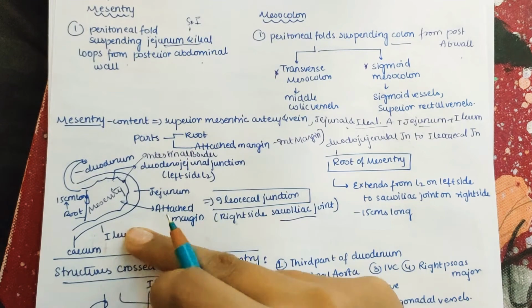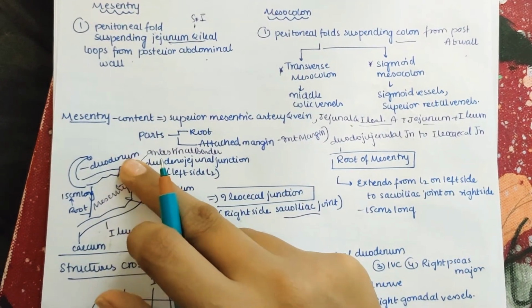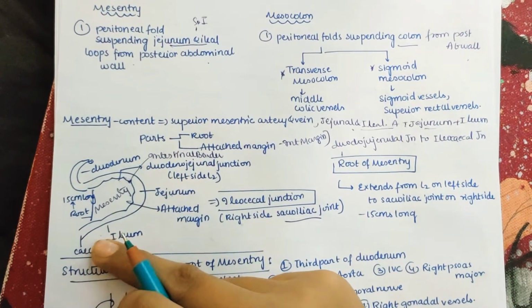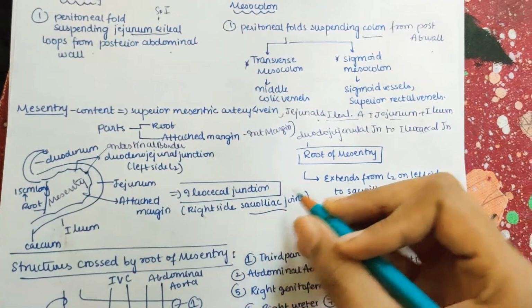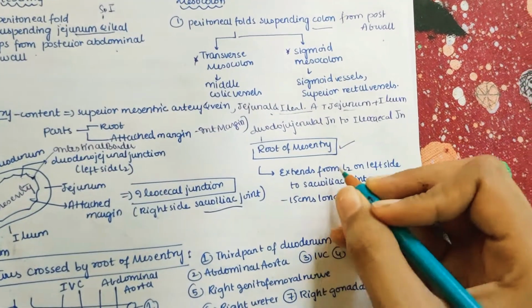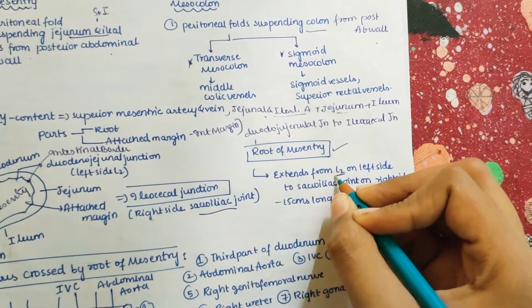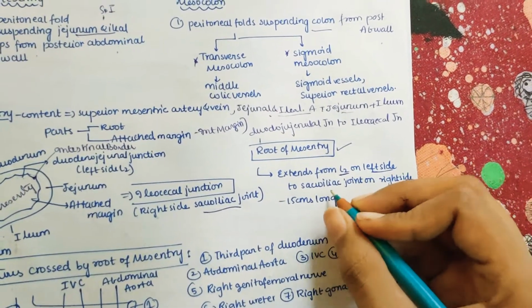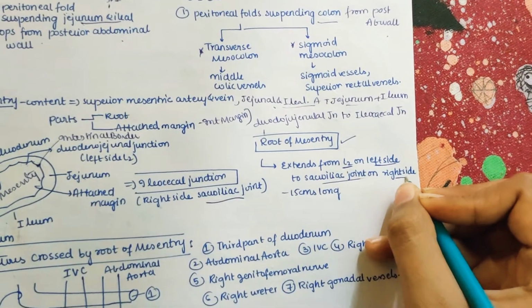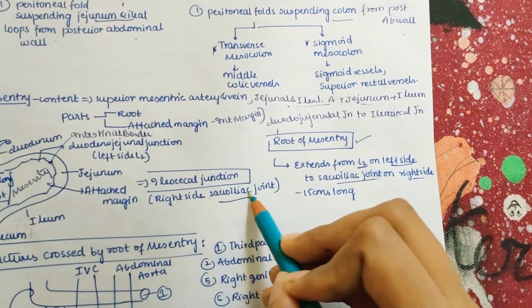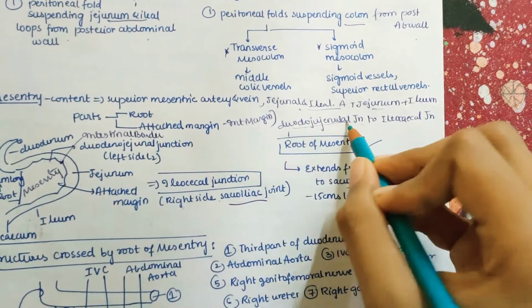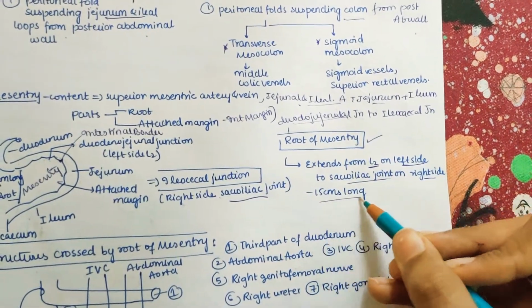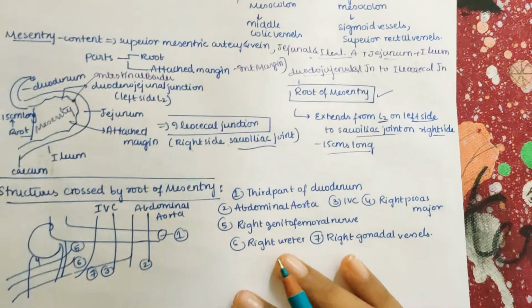Okay, this is the mesentery. So the root of the mesentery extends from the level of L2 on the left side to the sacroiliac joint on the right side. The right sacroiliac joint is nothing but the ileocecal junction, and the L2 level is nothing but the duodenojejunal junction. It is a total of 15 centimeters long.